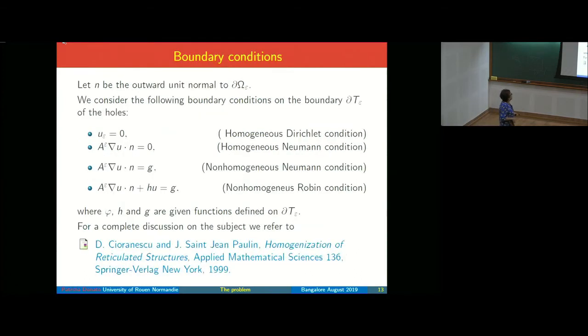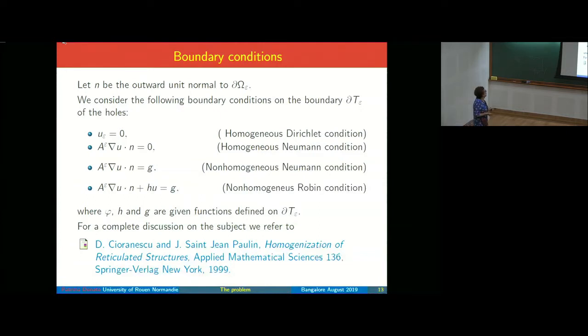Let us see what kind of boundary condition we want to study. We denote by n the outward unit normal to the domain. Then we consider the following conditions: homogeneous Dirichlet condition, homogeneous Neumann condition, non-homogeneous Neumann condition, non-homogeneous Robin condition.